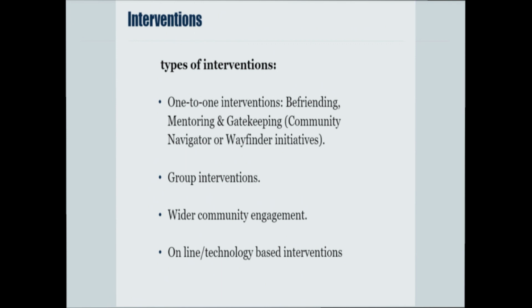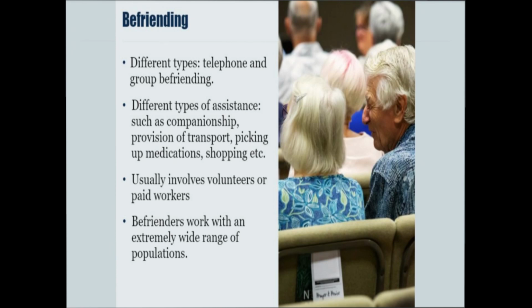You have someone else and you want to have that relationship and help with the shopping for them, etc. There is also gatekeeping, for example, looking after them, including safeguarding them and making sure they are safe. Then there could be group interventions, and I will discuss some examples. Wider community engagement, or, hey, Second Life, online or technology-based interventions. As I said, with befriending, we could have telephone and group befriending.